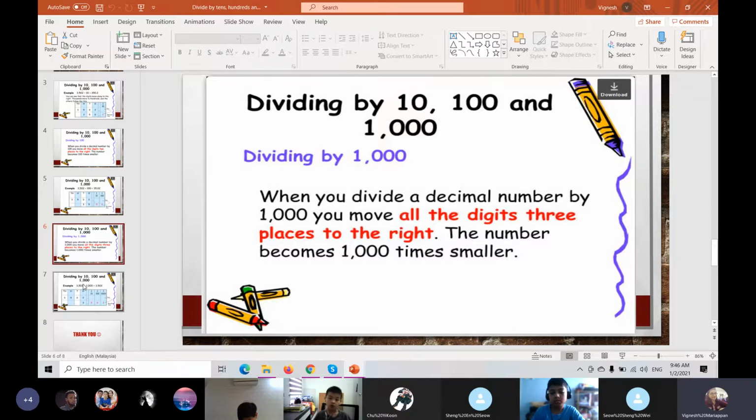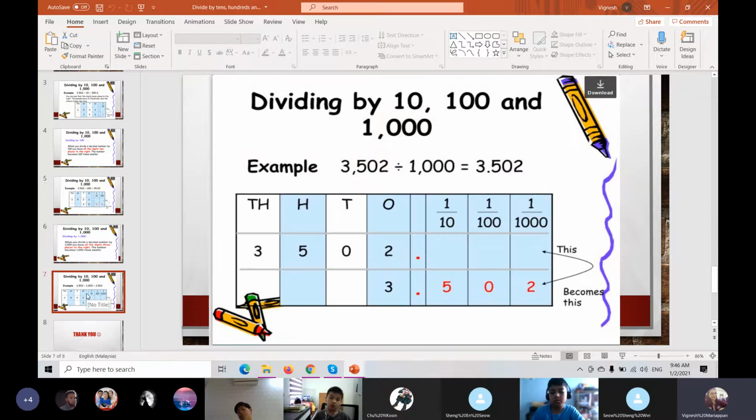Again, teacher is using the same number. 3,502 divided by 1000. So, who can explain to teacher? Who can explain except Angiwan and Josephine?